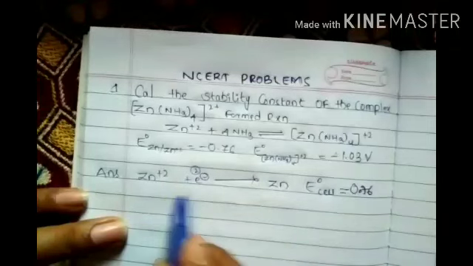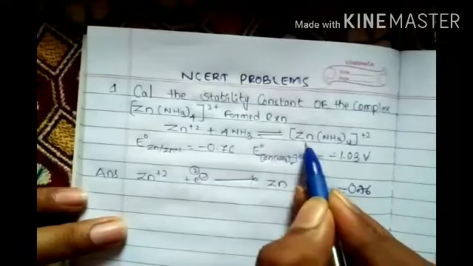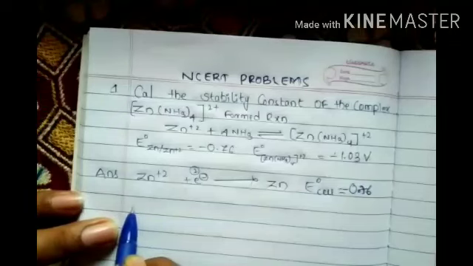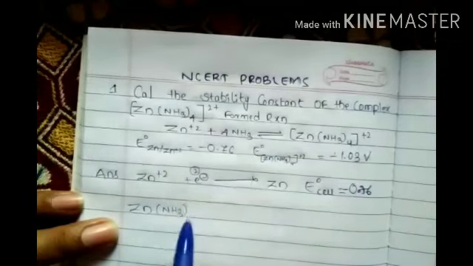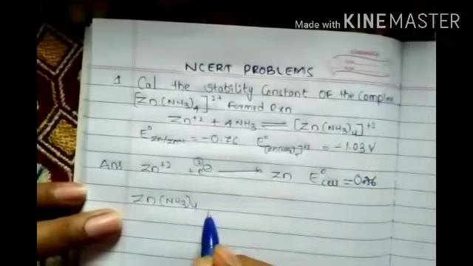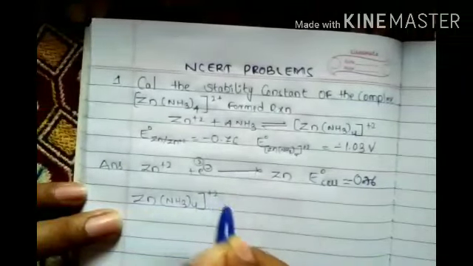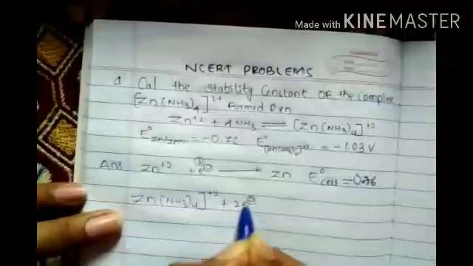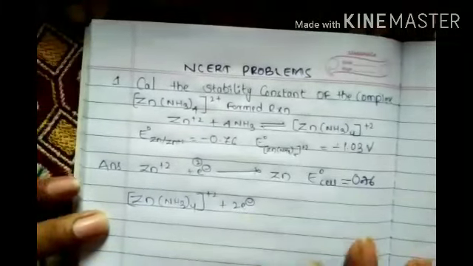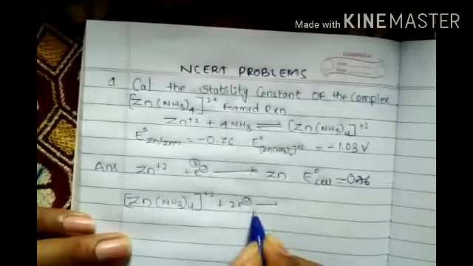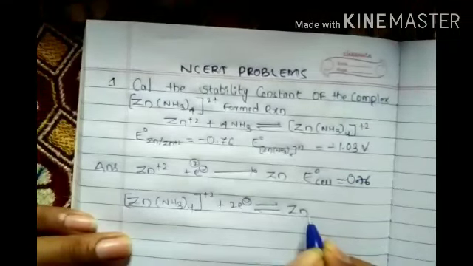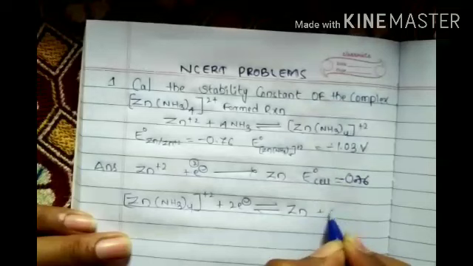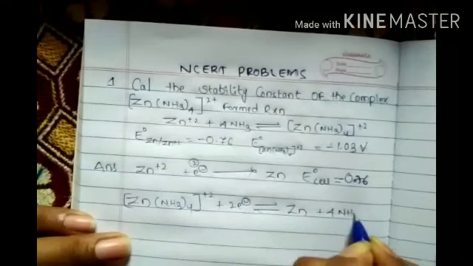Now, how can we write this reaction? Zn(NH3)4 2+ is gaining 2 electrons. It is forming an equilibrium with Zn plus 4NH3.